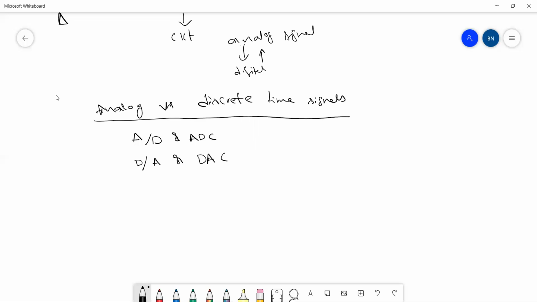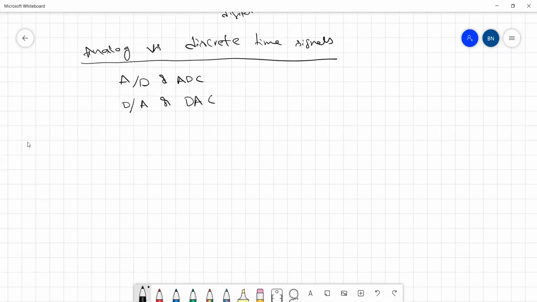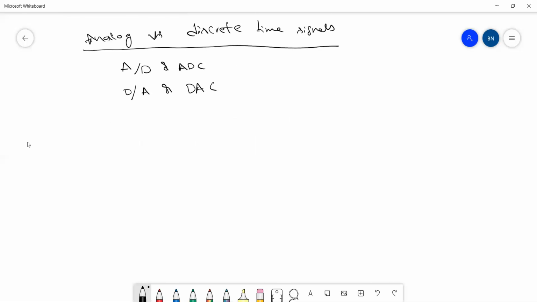In order to illustrate these two operations, let us consider a small circuit here. First consider a continuous time signal. In order to convert this continuous time or analog signal into the digital domain, we first have to use a low pass filter.